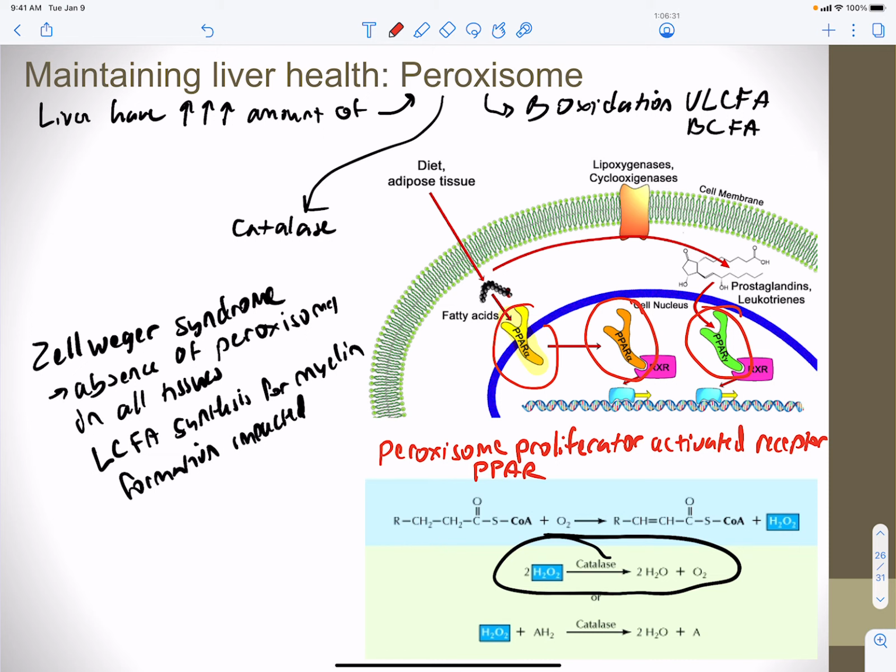They got their name because it was found that if you add certain agonists, these agonists were able to induce the proliferation of peroxisomes. So shown here, you have diet and adipose tissue that release fatty acids, and these fatty acids bind a peroxisome proliferator activated receptor, and this will go on to turn on certain genes. They are nuclear receptors that become transcription factors, and they promote the proliferation of your peroxisomes.